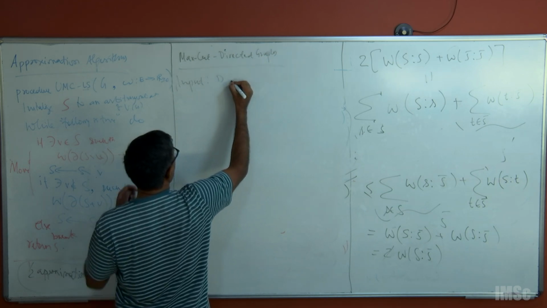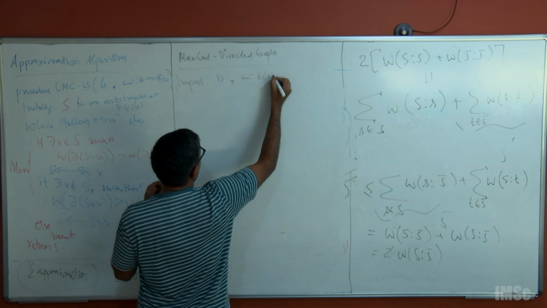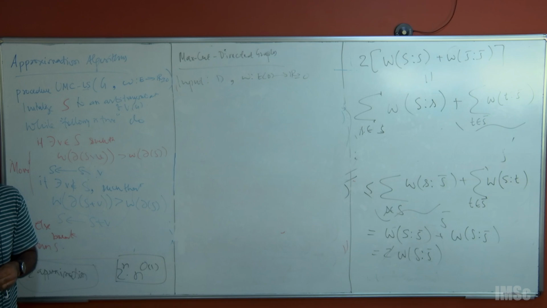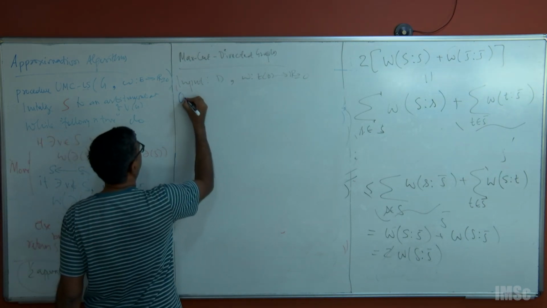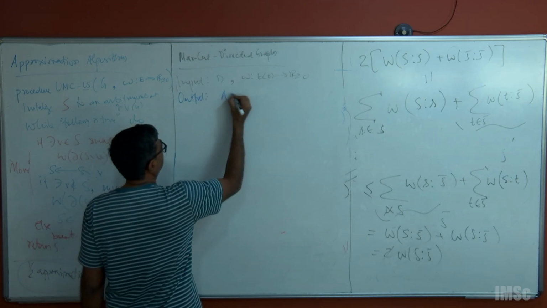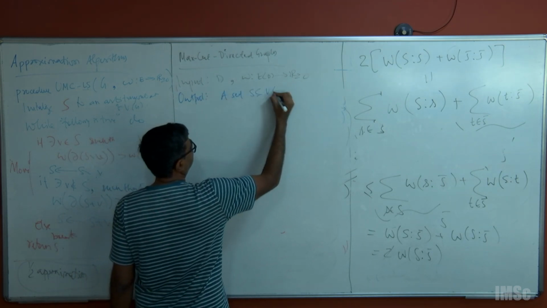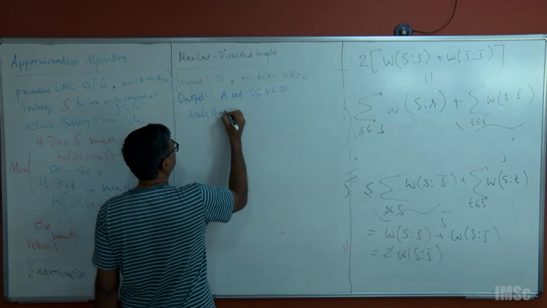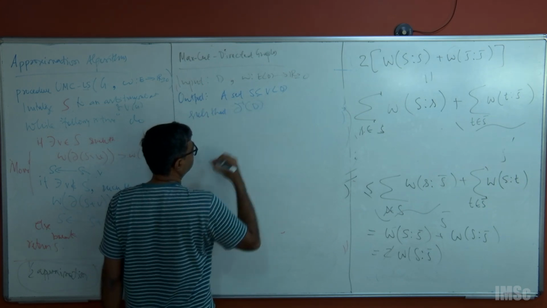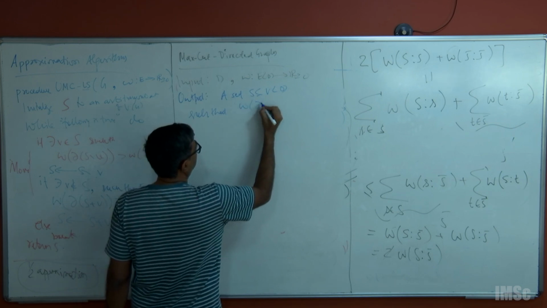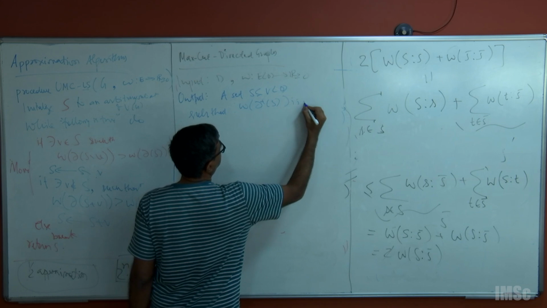The input is a directed graph D and a weight function from the edges of D to R greater than or equal to 0. What is my goal? We have to output a set S, a subset of V(D), such that the weight of delta plus of S is maximized.